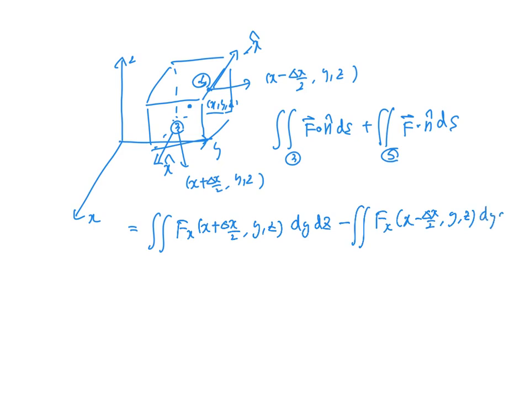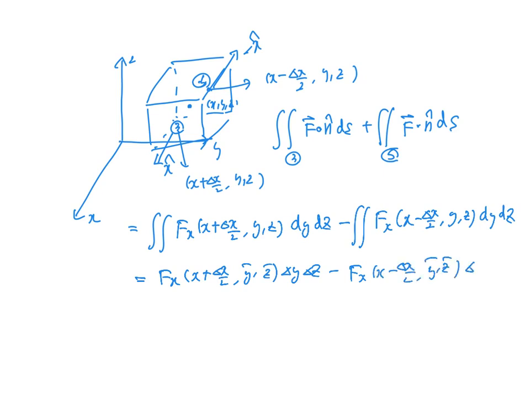dy dz. And if you use the mean value theorem, you obtain Fx(x plus delta x over 2, y bar, z bar) delta y delta z minus Fx(x minus delta x over 2, y bar, z bar) delta y delta z.